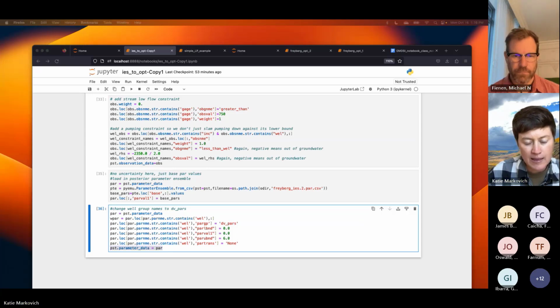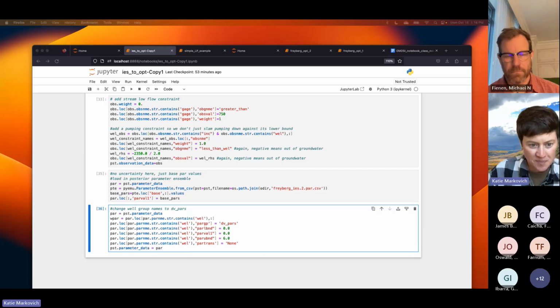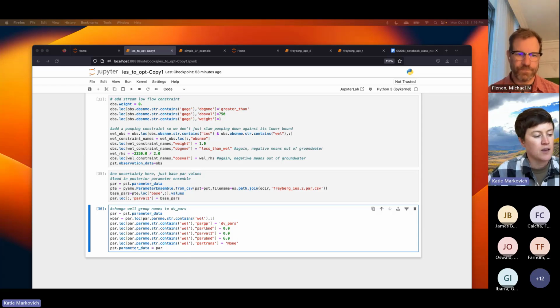The last thing we need for this, because we've got our constraint and we've got our decision variables, is our objective function. The objective function is again going to be, we want to maximize pumping. So does anybody know one of the ways that we could set an objective function?